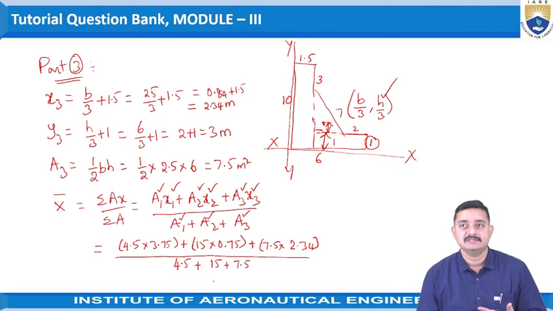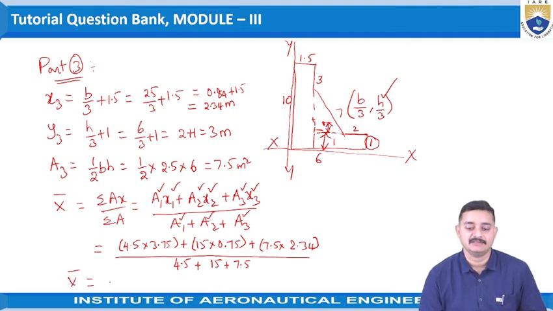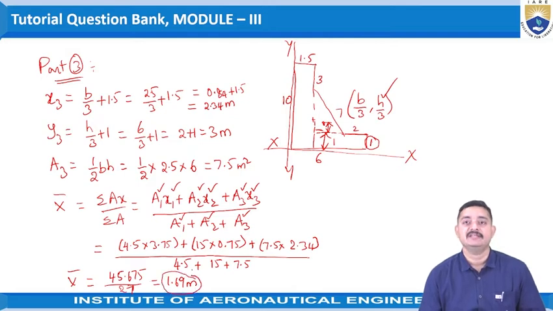When you solve this equation, you will get x bar as 45.675 by 27, which is equal to 1.69 meters. This is the x coordinate of the centroid of the total complex surface.